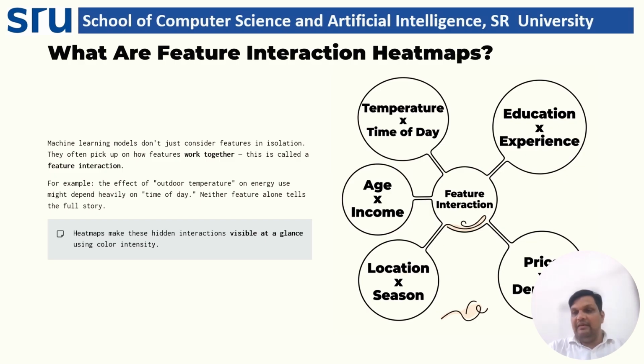So we can say some features make sense only when combined. For example, temperature and time of day together affect energy use. A heat map is used to visualize this relationship clearly.